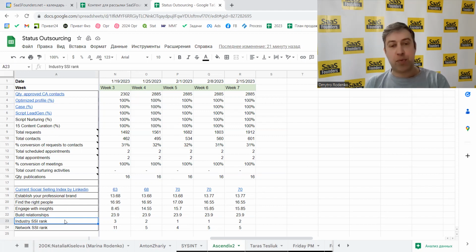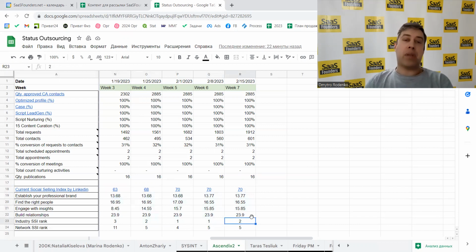They track the engagement, and they show it in certain indexes, like establish a professional brand, find the right people, engage with insight, build relationships. It's okay to see it at once, but it's much more important to see it in the process, right? Because thus you can see if some areas of the things that you do are growing or they decline, right?